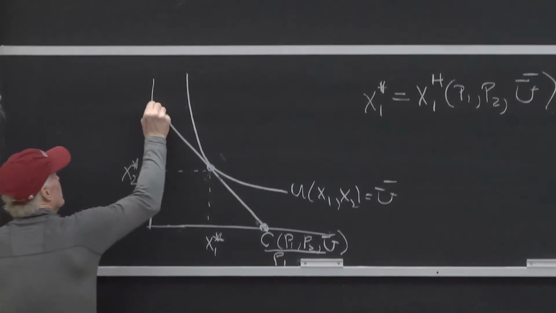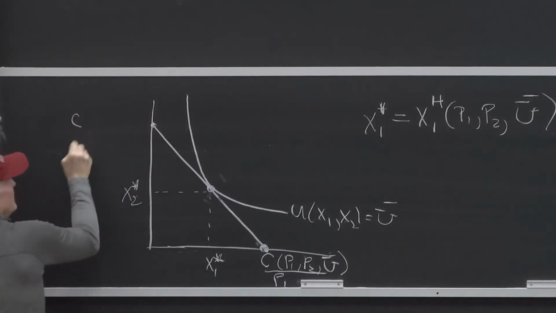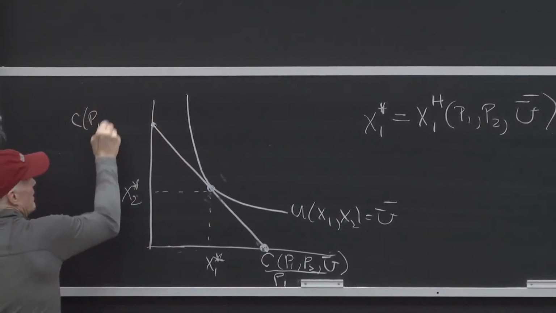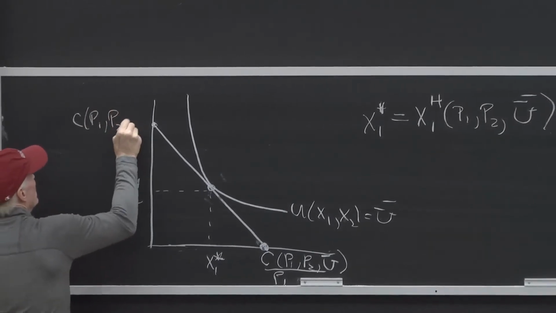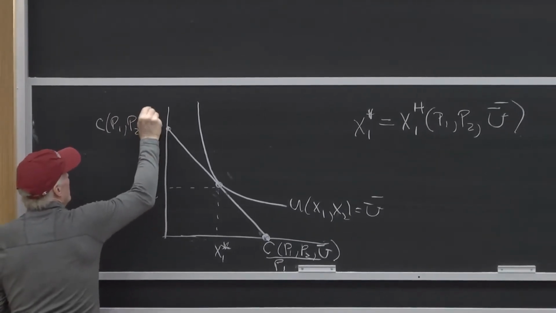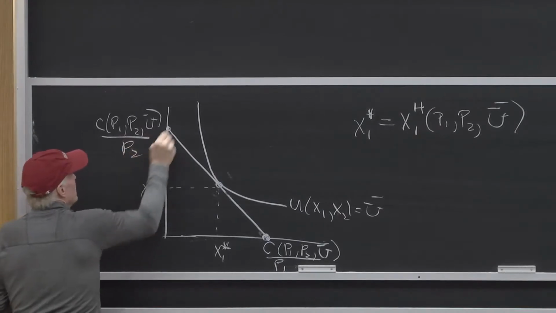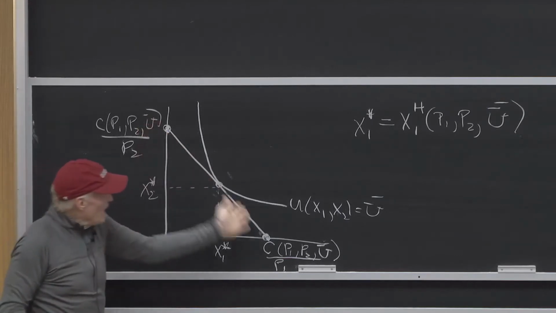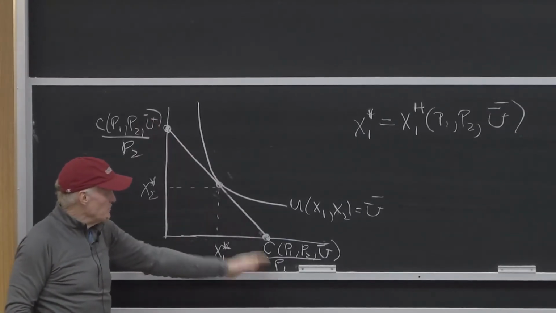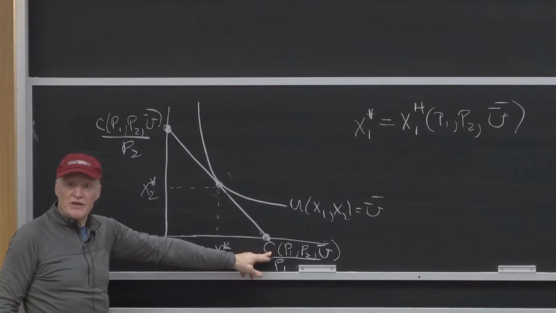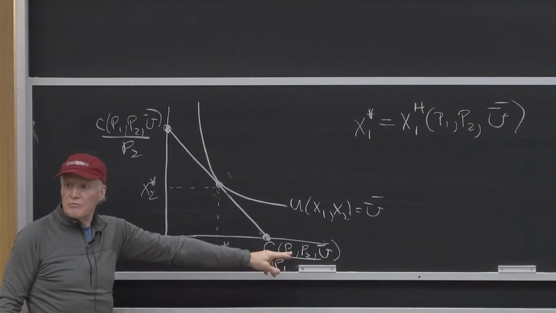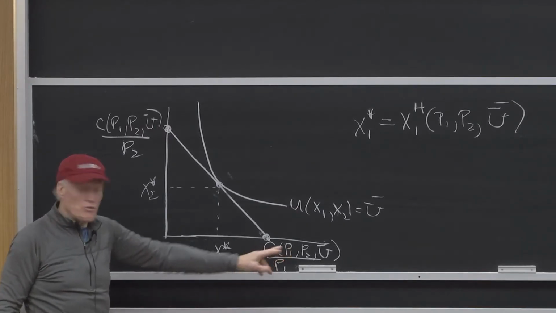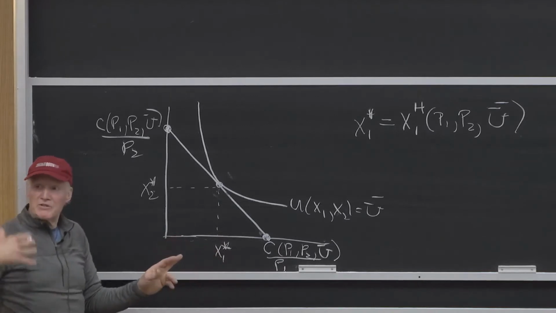And this point here is C of P1, P2, U bar divided by P2. Everybody understand that? Because that's the minimum cost level, the dollar value of that cost line must correspond to the cost curve C of P1, P2, U bar. Everybody get that?